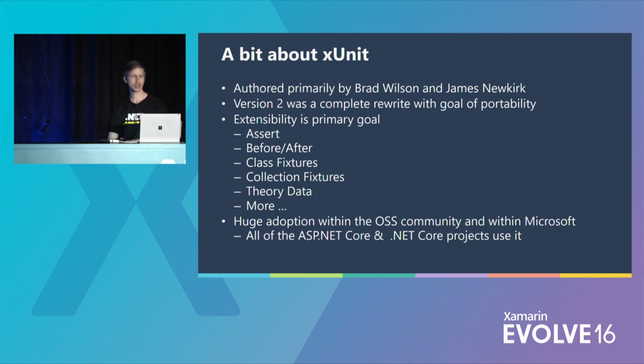So then version 2 was a rewrite after version 1 was successful and popular. James and Brad took to heart the lessons learned, feature requests that came in, and how people use xUnit. One of the core things they took to heart was this idea of extensibility, that the core test engine shouldn't have to predefine everything. That puts a huge burden on things like the test runners and test executors that might have to understand and interpret these test engine changes.